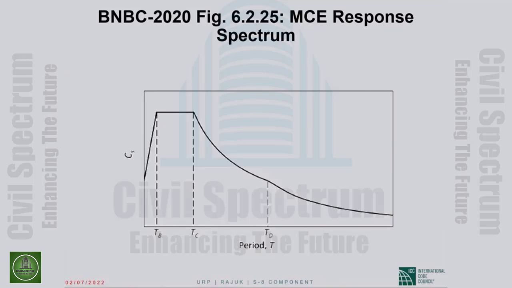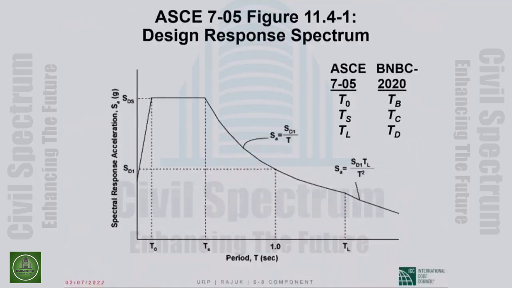So I will try to clear that up. Anyway, you see that the spectral shape is very much the same. This T sub B was T sub 0 in the ASCE spectrum. T sub C was T sub S, where the flat top meets the descending branch, and this T sub D was T sub L. So it is the same shape, but obviously described a little differently.